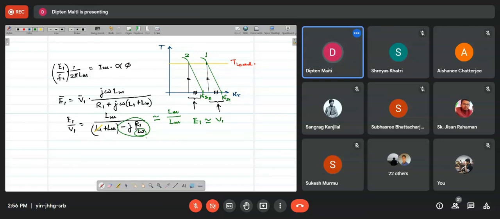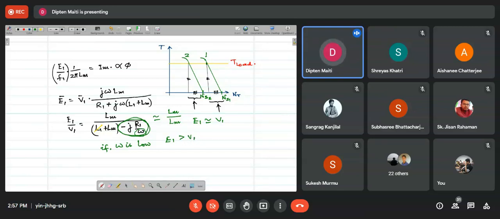However, the problem comes when omega is low, or the frequency is low. If omega is low, there would be another part added in the denominator, because that is a complex part which would be added to this. So magnitude wise, E1 would be less than V1.